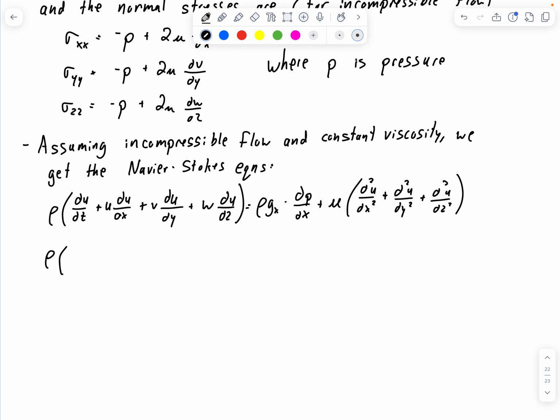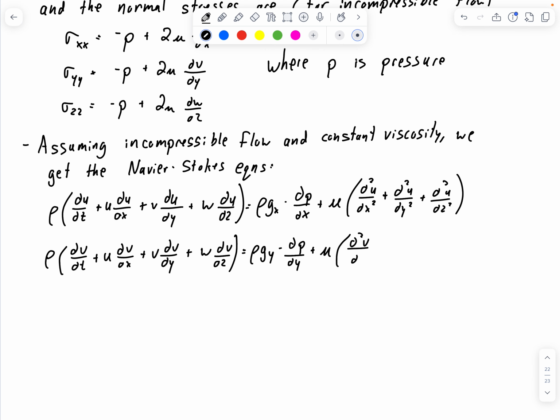The y component is similar, so rho times del v by del t plus u del v by del x plus v del v by del y plus w del v by del z is equal to rho gy minus del p by del y plus mu times del squared v by del x squared plus del squared v by del y squared plus del squared v by del z squared.